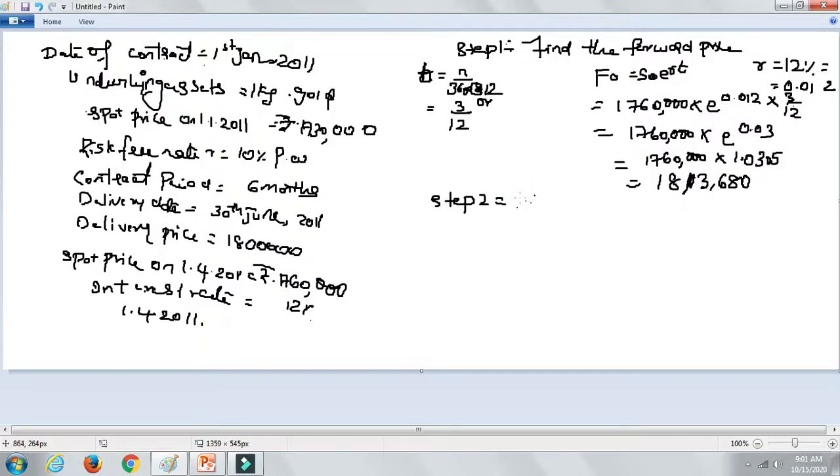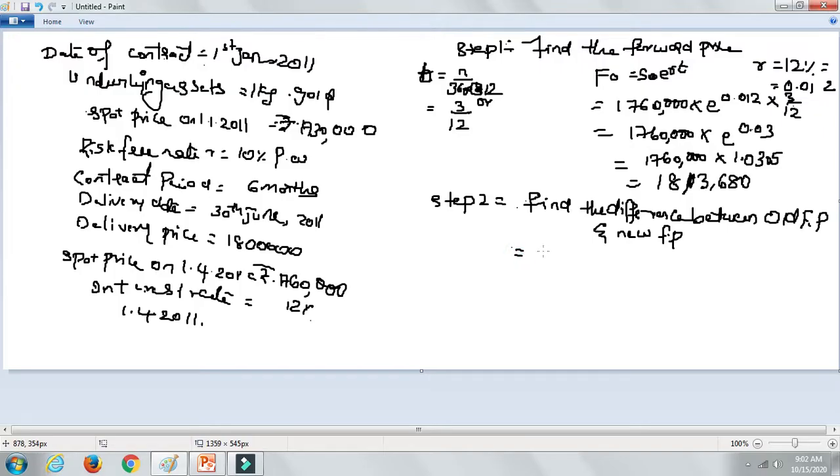So over here the next step is to find the difference between old forward price and new forward price. Old forward price is nothing but the delivery price, the forward price that they have entered into, that they are willing to enter into.